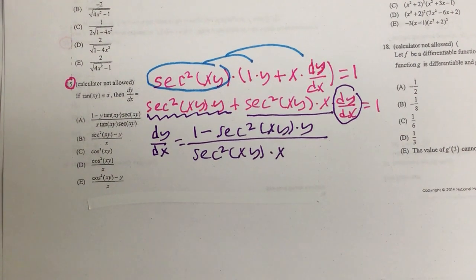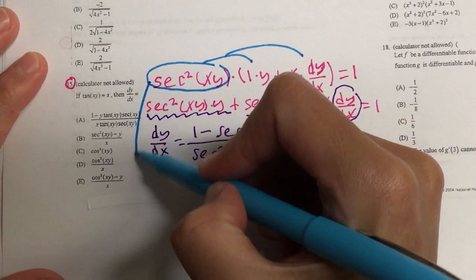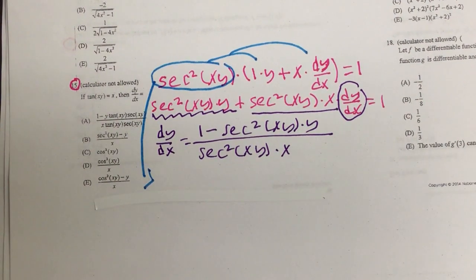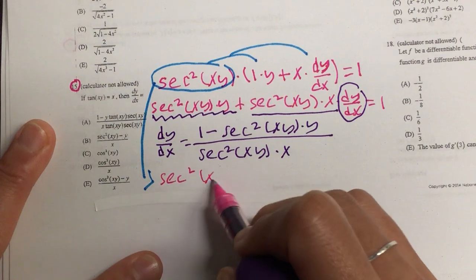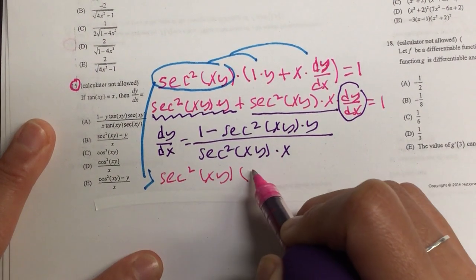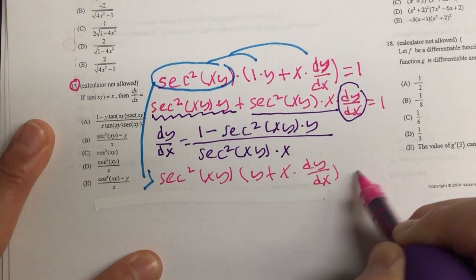And the sad news is, is it one of our answer choices? No. Nope. How dare it, right? So here's another way to go for it. Let's rewrite this. Let's say I have secant squared of xy times y plus x dy over dx is equal to 1.